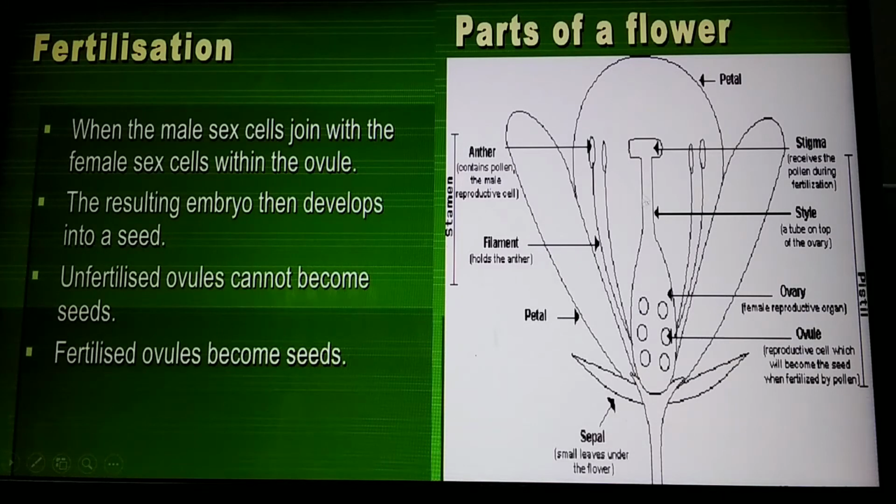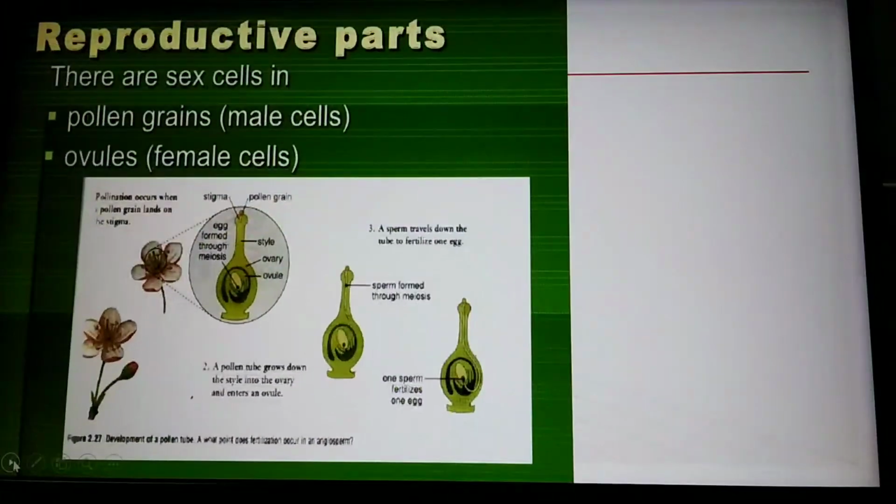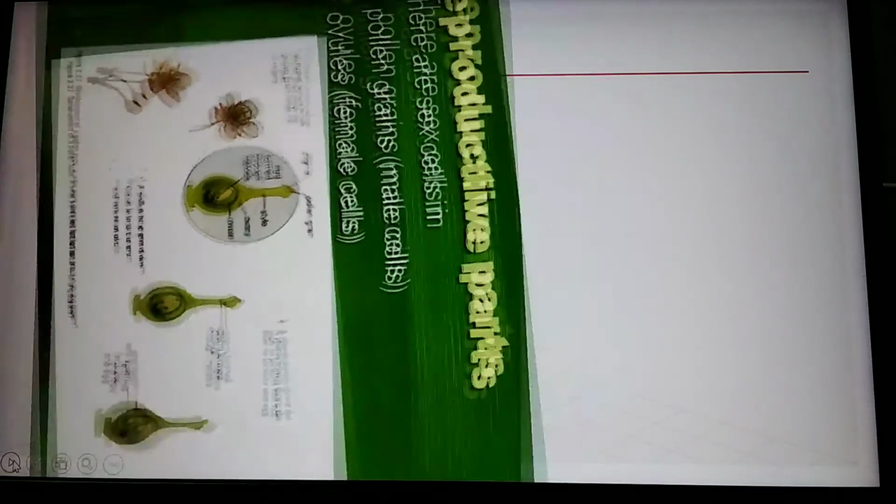It contains a tube-like structure known as the style, and the sticky head part of the pistil is known as the stigma. The flask-like base is known as the ovary, the basal part of the pistil, and inside, the round ball-like structures are known as ovules. Pollen grains are the male cells, ovules are the female cells.